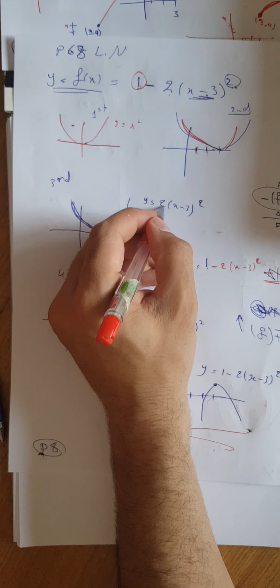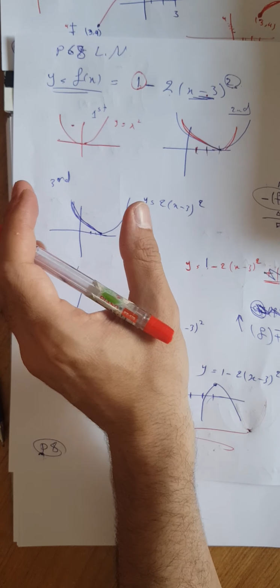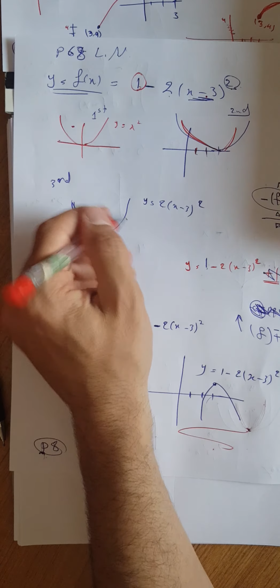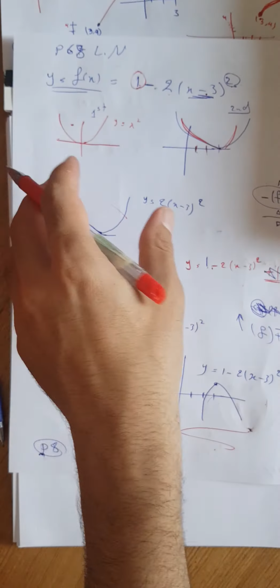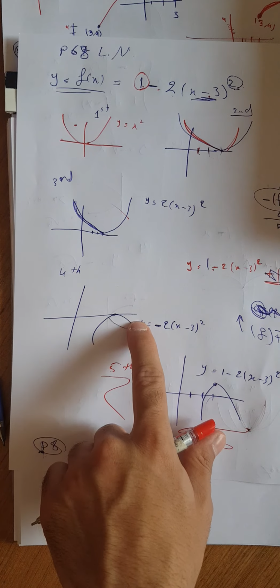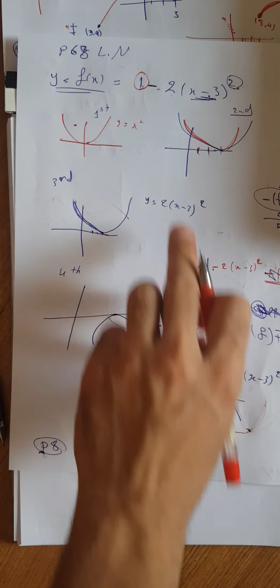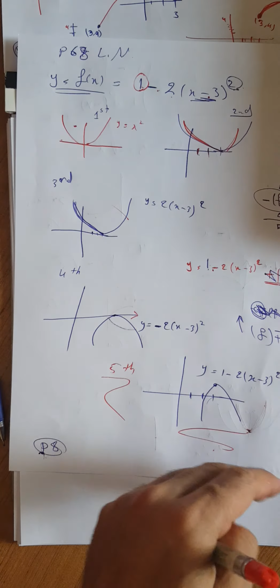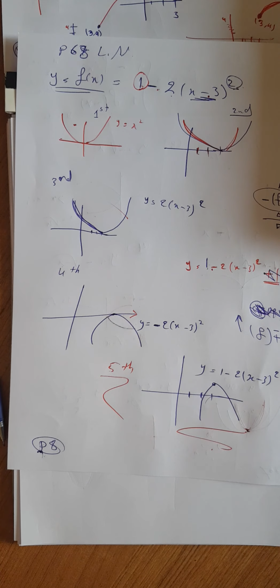Because I have the 2, that means vertical shrinking or stretching, so forget about this one. Because I have a minus here, I'm going to reflect the graph over the x-axis. Don't forget that. And because I have a plus 1 here, I'm shifting upward on the vertical line.